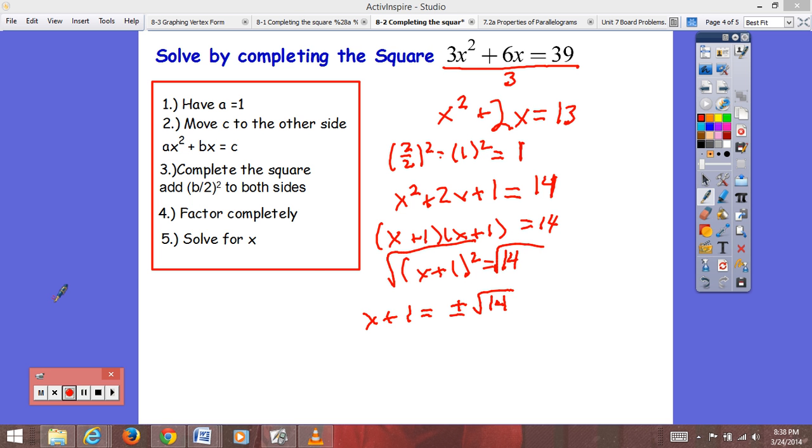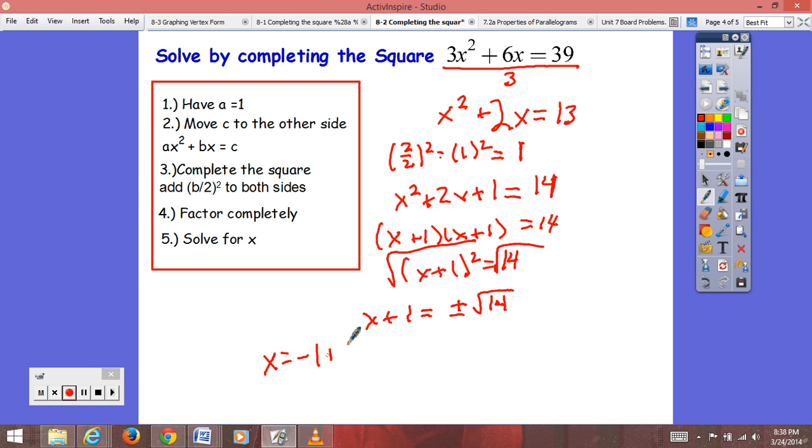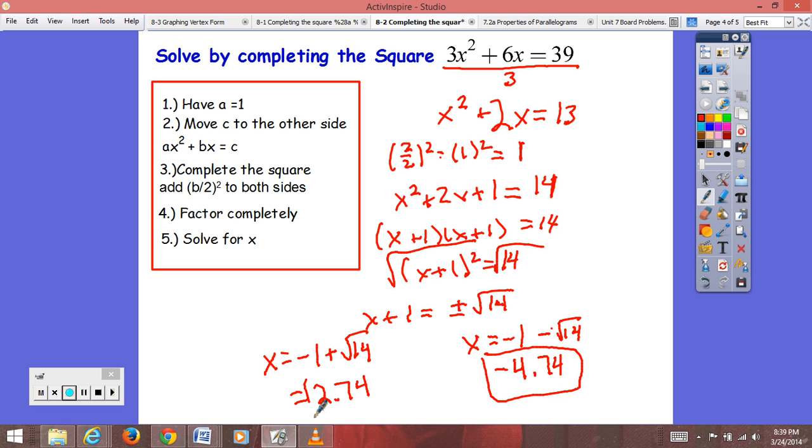So that positive or negative is going to give us two answers: x equals negative 1 plus the square root of 14, and x equals negative 1 minus the square root of 14. So negative 1 plus the square root of 14, plug it into your calculator, round to the nearest hundredth, you get 2.74. Negative 1 minus the square root of 14 comes out to be negative 4.74. Those are our two answers.